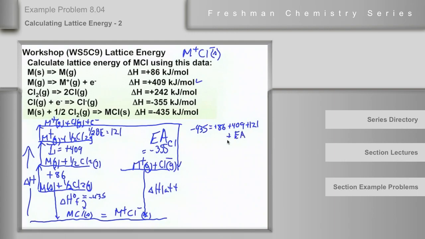Well, why don't we just put the number in? The electron affinity is minus 355, so plus a minus 355, plus delta H of lattice. And so we could solve the whole thing.